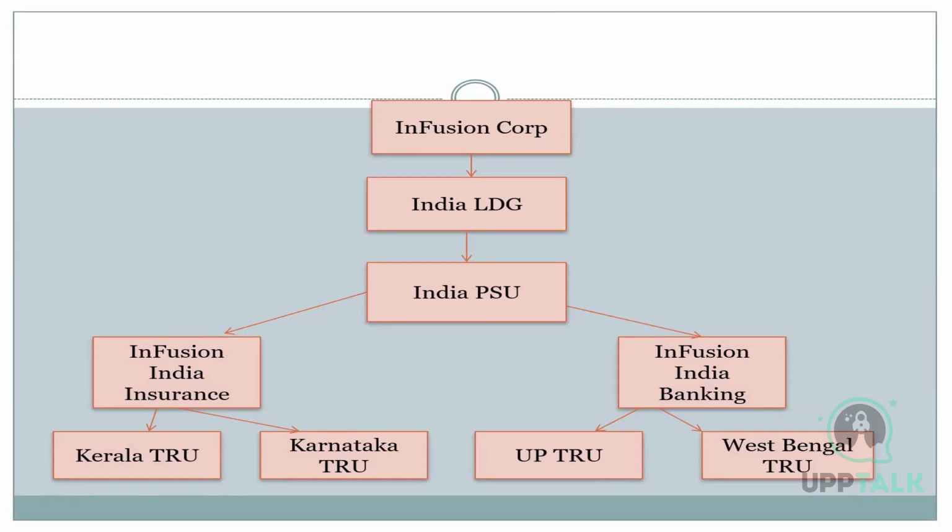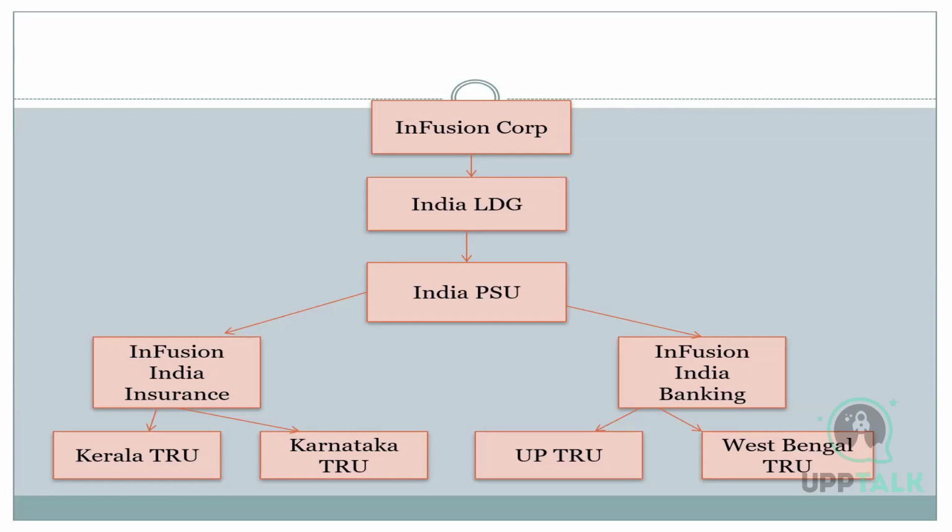Third, we have India PSU. India PSU means payroll statutory unit. Payroll statutory unit has two things: India Insurance and India Banking. In India Insurance, we have Kerala and Karnataka. And in India Banking, we have UP TRU and West Bengal TRU, that is tax reporting unit of UP and West Bengal.